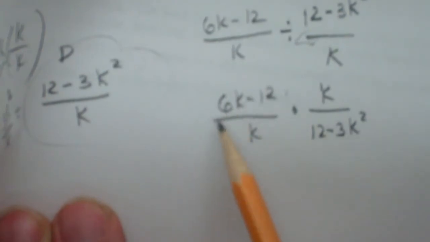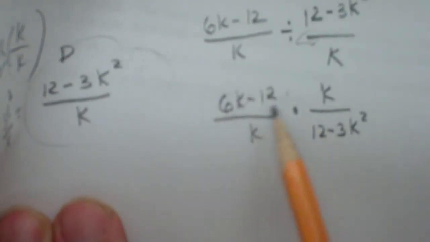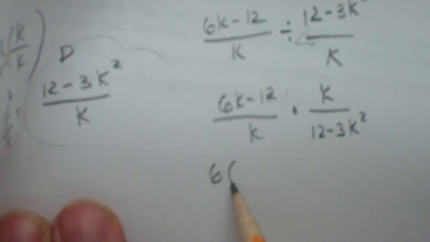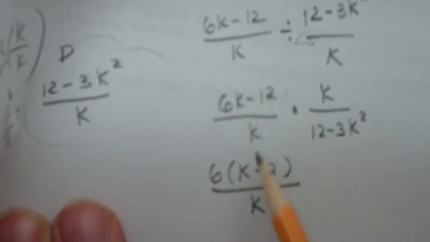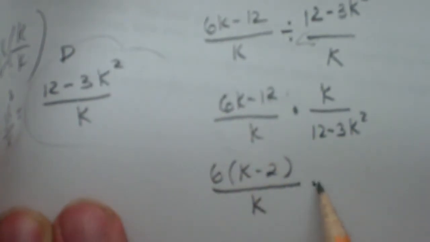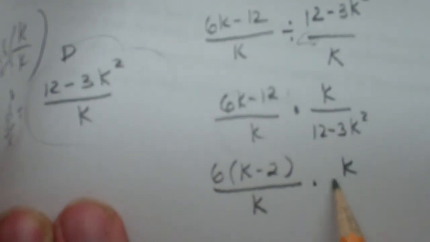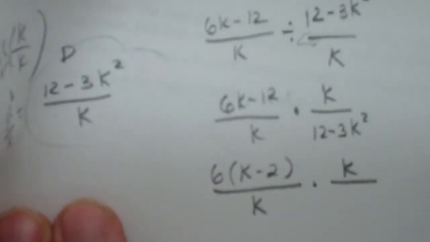So a 6k minus 12. How can we factor that? Well, there's a greatest common factor of a 6. So I'm going to pull out that 6. 6 times k minus 2 over k. That's what this is, right? This is the same as this. Times, here we have this k, and let's factor what we have down here. What can we pull out of this?